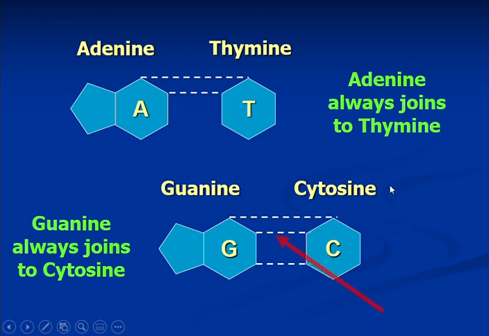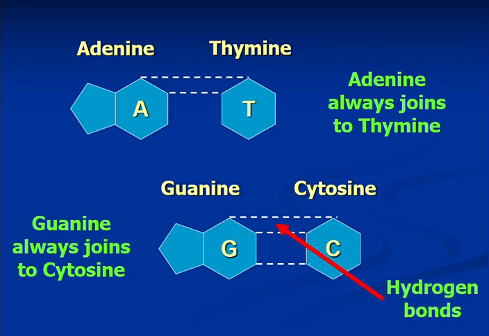One more thing to add here: these bonds that exist in the middle. Remember, I'll have one polynucleotide chain going down this side and one going down this side. I've got the sugars and the phosphates connected as the backbone, but in the middle, holding the 2 chains together, these bonds are referred to as hydrogen bonds.